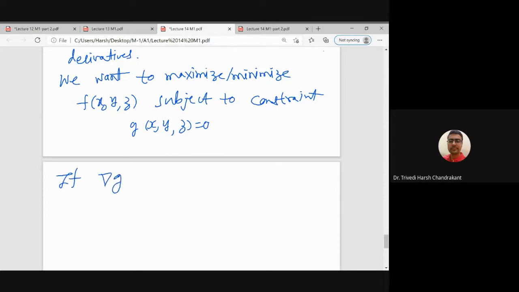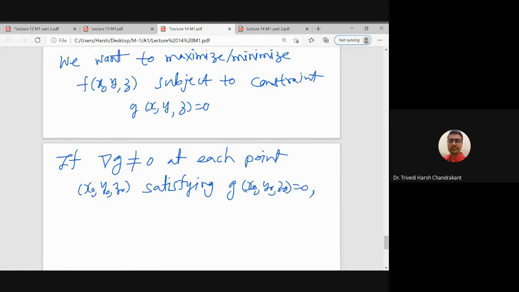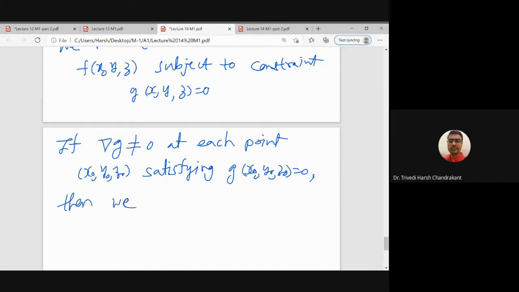So here also the gradient of g should be non-zero at each point xyz on the curve satisfying g of x naught y naught z naught is 0. If this condition is satisfied, then in this method we solve the following equation.